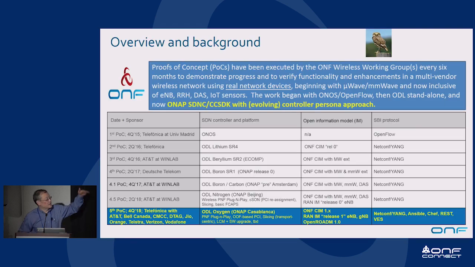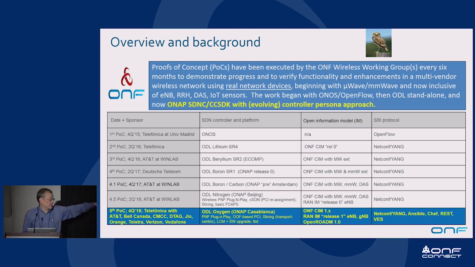And if you look at this version of the table of proof of concepts, again, these are all of the wireless transport group proof of concepts. But as you see in the second column, starting with the third proof of concept, it's not just the SDN controller and the wireless transport devices, but these are now being incorporated into a wider framework where there is an orchestrator, initially eComp, but then as you go further down, it became ONAP Release 0, ONAP Pre-Amsterdam Release, ONAP Beijing Release.